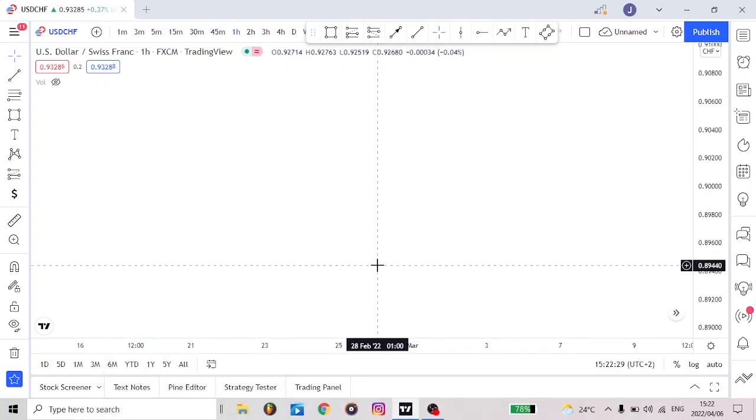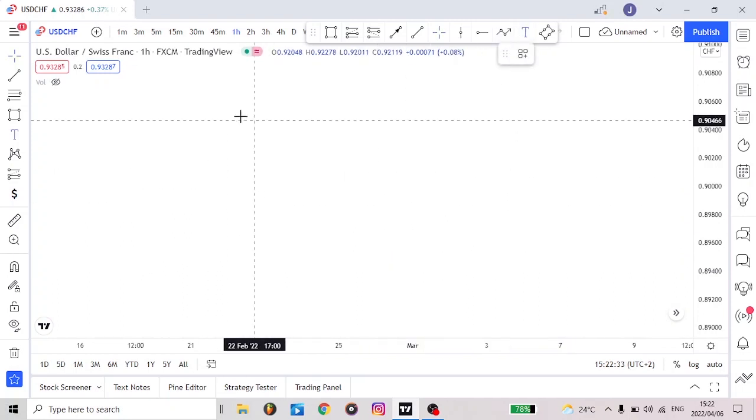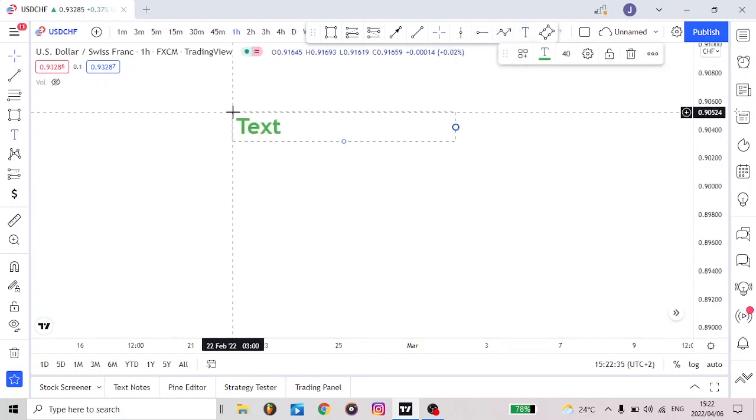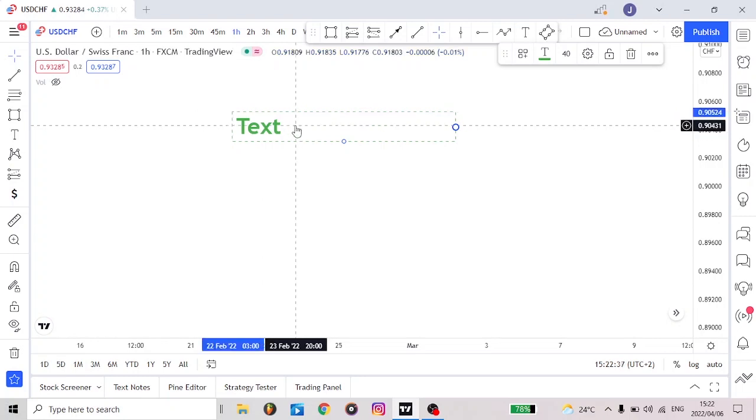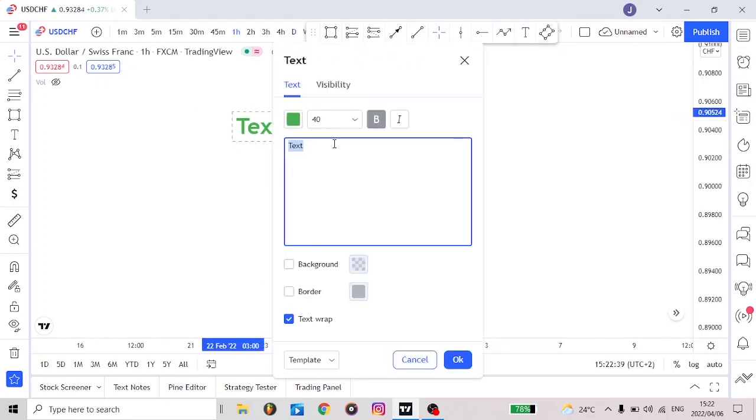What is a breaker block? Let's put some text here and talk about a breaker block.